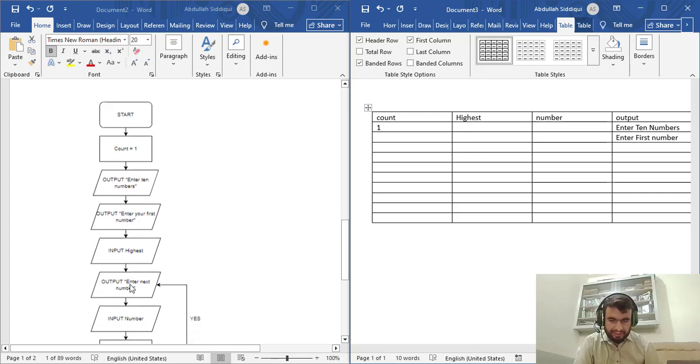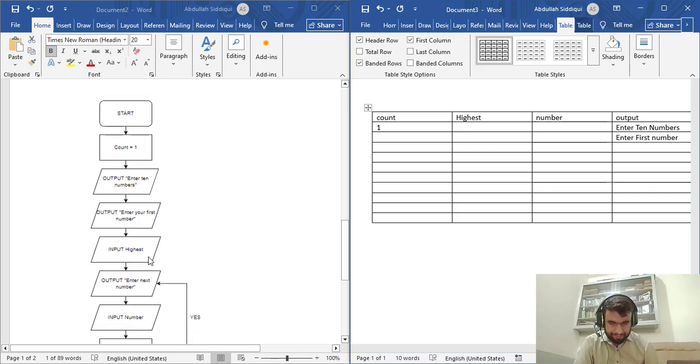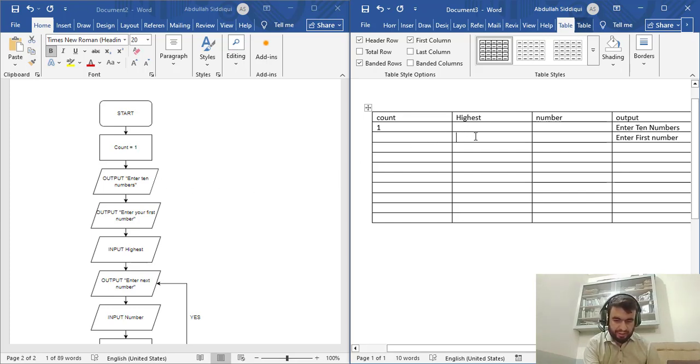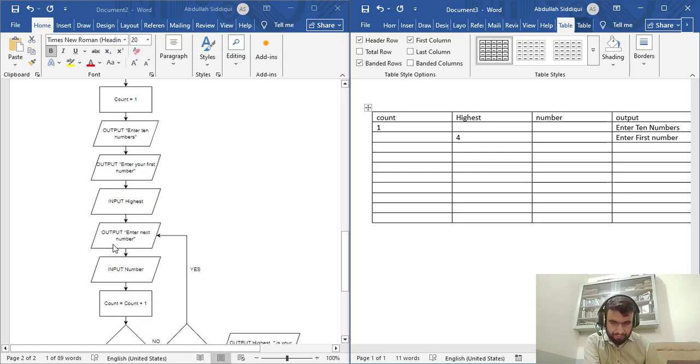Then we are going to take the input highest. What is the highest? Initially, the number which we are going to take is the highest, which in our case is 4. Next, we have to enter the next number.